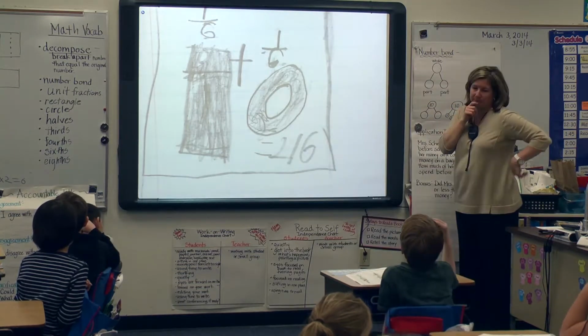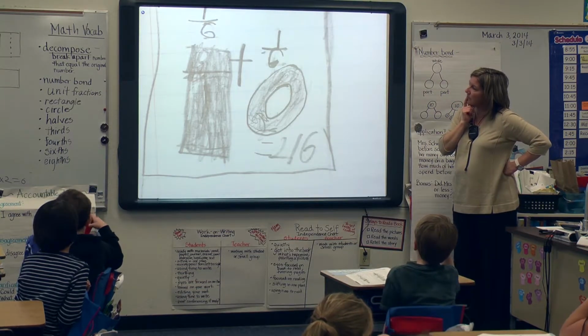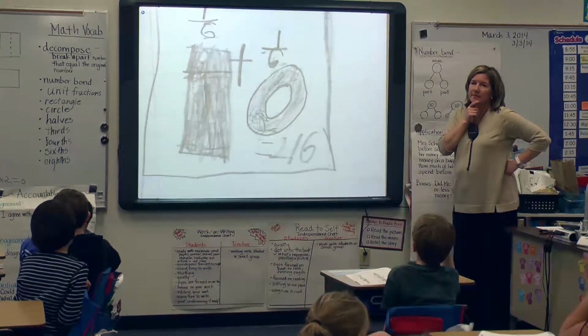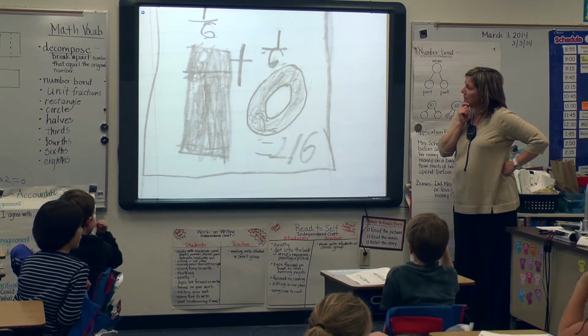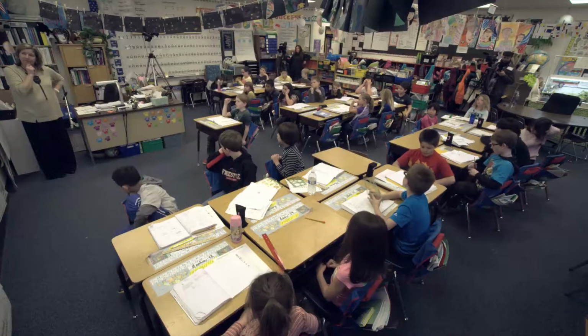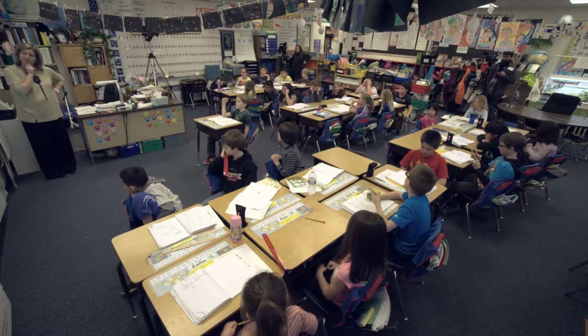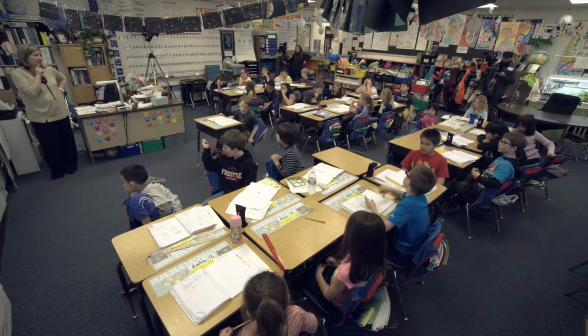So, if you add the coffee mug and the bagel, and then you split them in half, that makes 2/6. What do you mean if you split them in half?